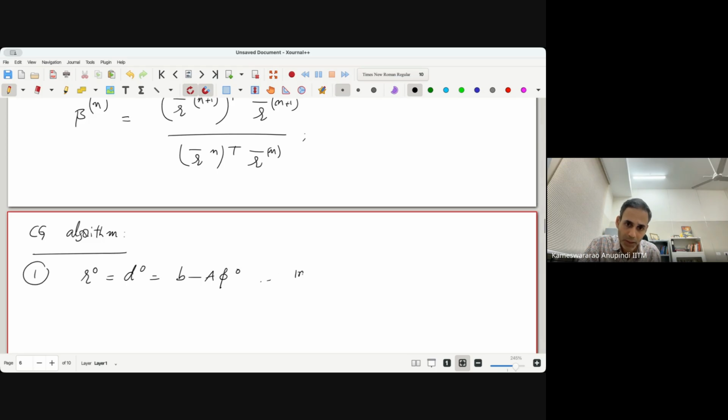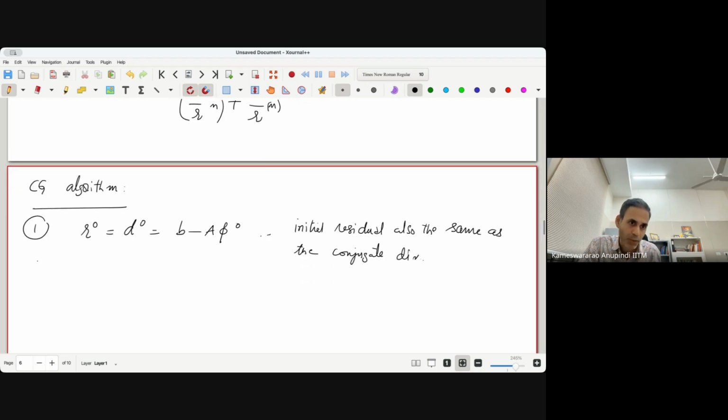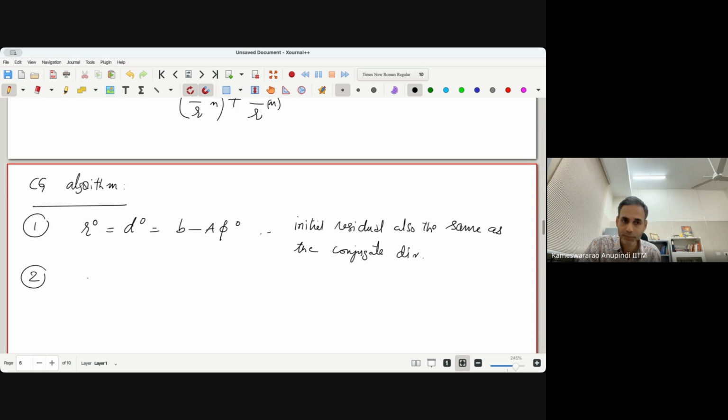Okay, so this is basically the initial residual, also the same as the conjugate direction.